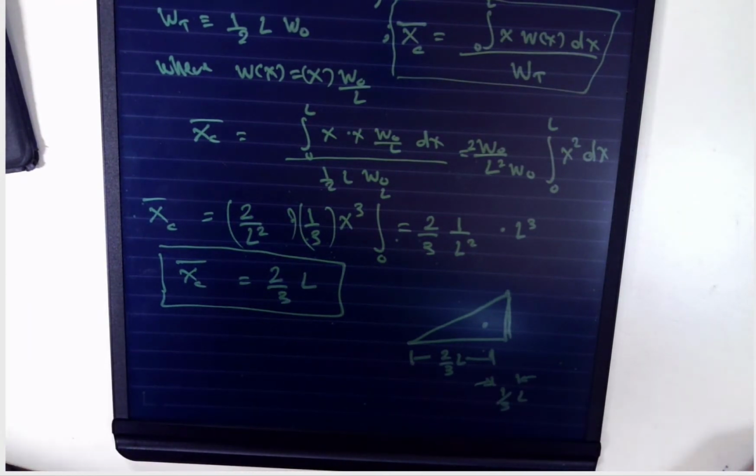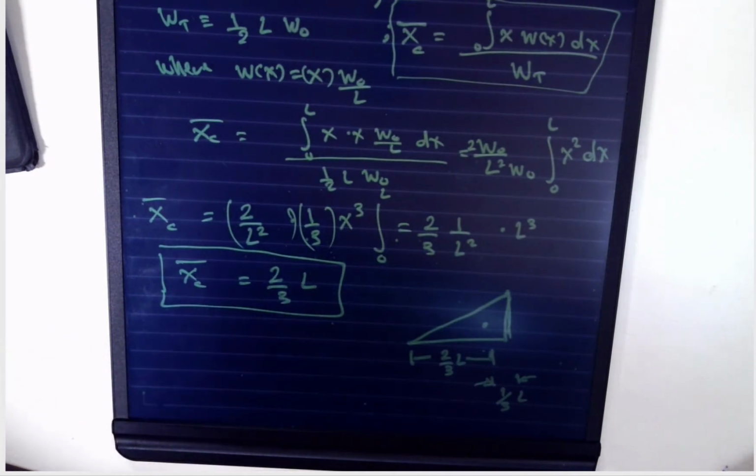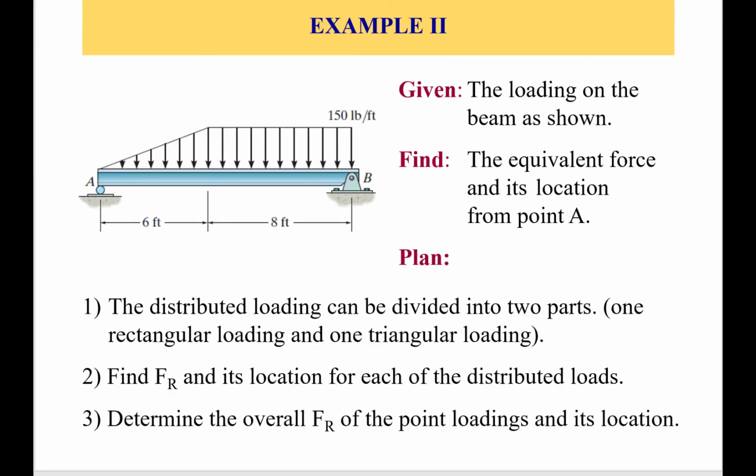Okay, we'll take an example that involves both a rectangle and a triangle combined and see how we calculate. Let's take a look at this example from the presentation file, and then we'll conclude the lecture. We are given a combined distributed load comprised of two profiles.